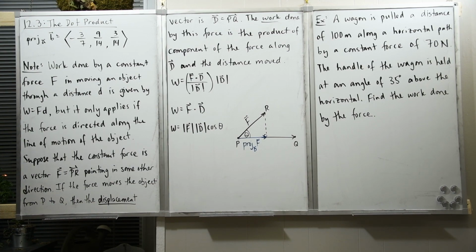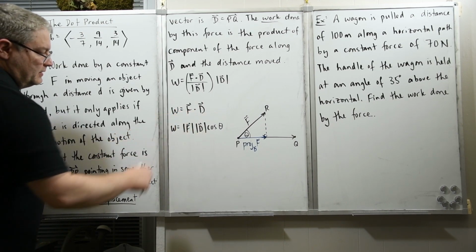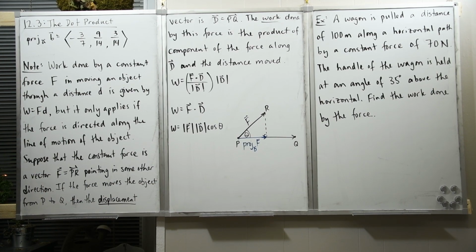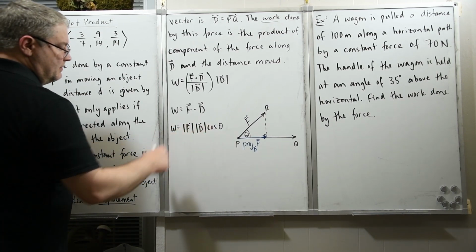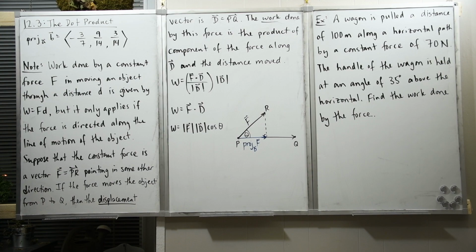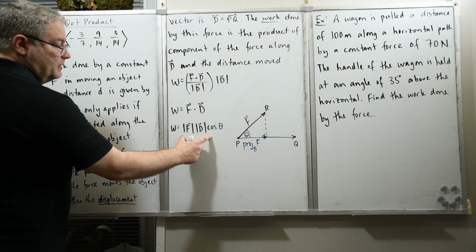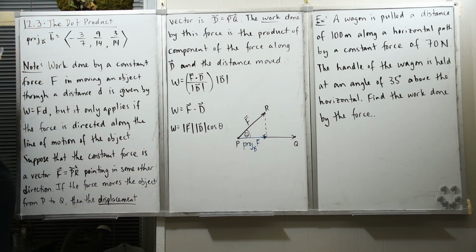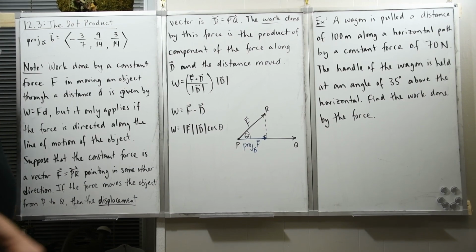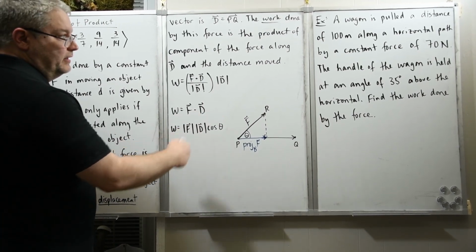Now, when we take a look at examples like this, sometimes it might be helpful to have W as the dot product of force and distance, and in other cases it might be more helpful to have W as the magnitude of F times the magnitude of D times cosine theta. For this example, this formula is going to be more helpful, because we know the magnitude of the force vector, 70 newtons.